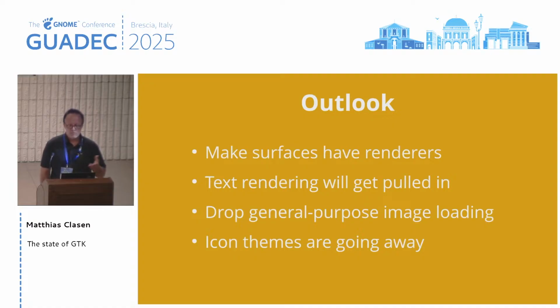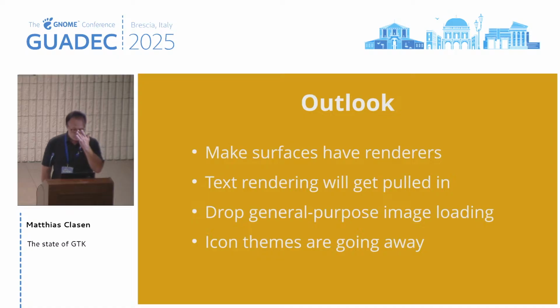And everybody's using SVG anyway, so all the scaling and sizing stuff is kind of irrelevant. So we think we don't really need this API anymore, and we want to move to a place where applications largely ship their own icons and have a simple way of looking them up. That is all still a little bit work in progress, but that's the general direction we want to go there.